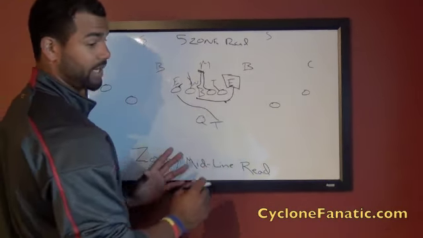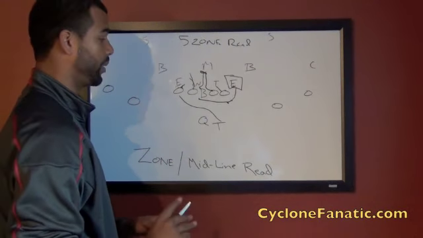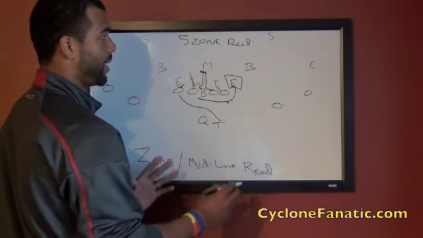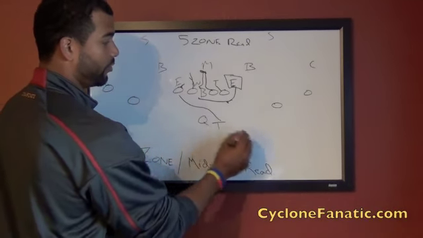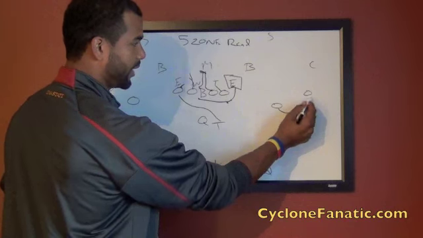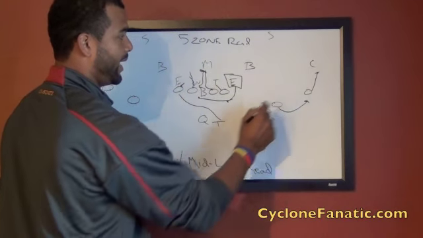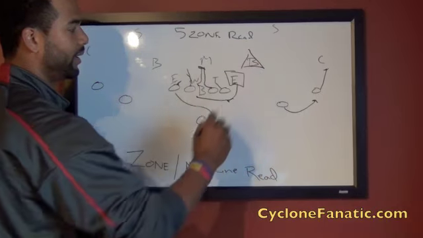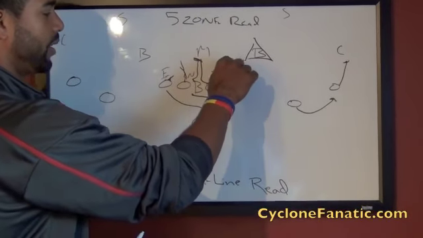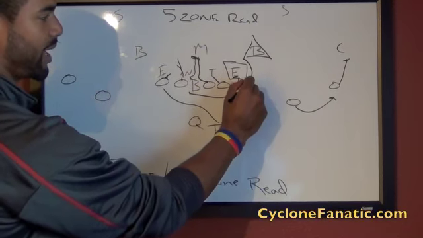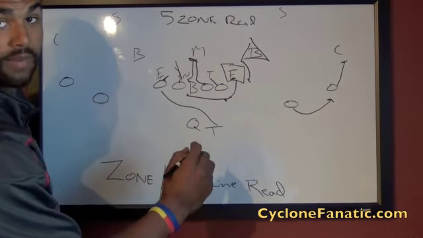This makes it interesting from an Iowa State perspective, because a lot of times what Iowa State will do is tag zone read with the bubble screen. This guy will be out here blocking, and it really puts this guy in a bind. A lot of times they'll have this guy scrape outside of the end. It's called scrape and squeeze.